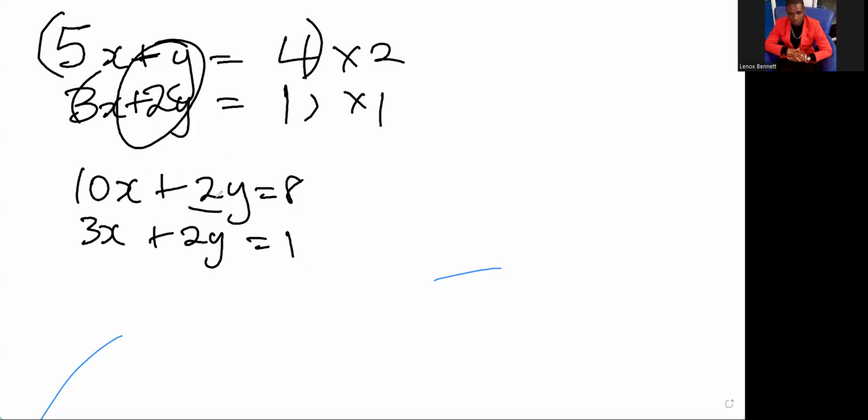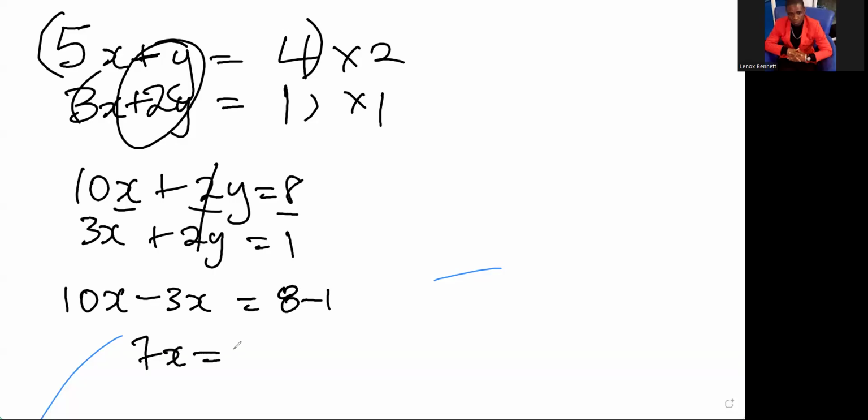Alright, subtract because both are positive. How easy it is. 10x minus 3x, 7x. The y goes to 0. And then we have 8 minus 1. So it's 7x equals 7. Boom. We found x already.